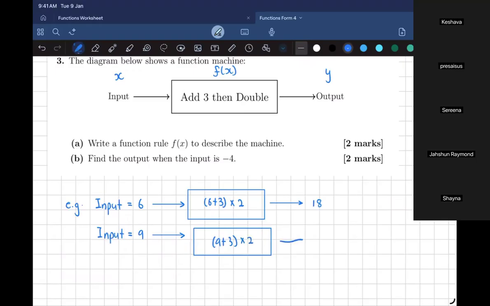Right, so 9 plus 3 is 12, 12 times 2 is? 24. Right. So Keshava, you can see that we can plug in any number we want. Yes, sir. Perseus, you see we can plug in any number at all. Yes, sir.